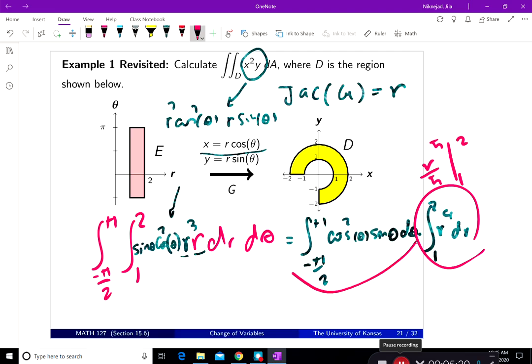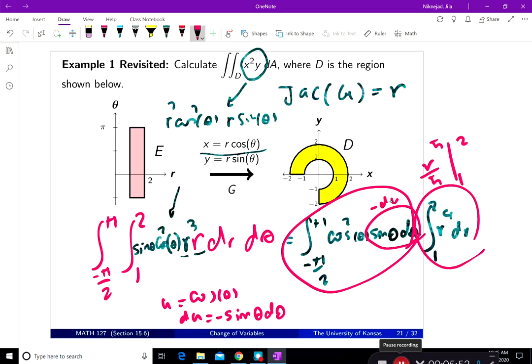And this part is going to be a u substitution. What u is going to be: cosine theta, du is negative sine theta d theta, and you see that here is going to be negative du, and here is going to be u squared, and then we figure out from there.